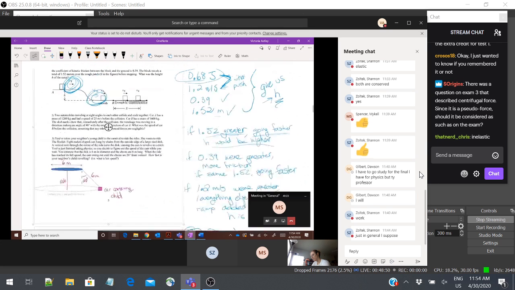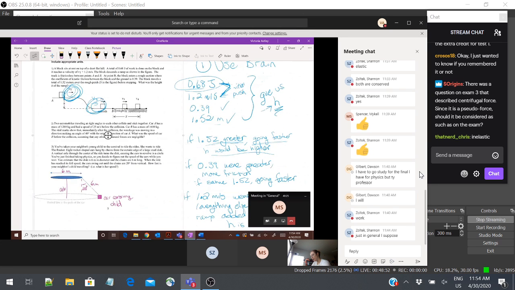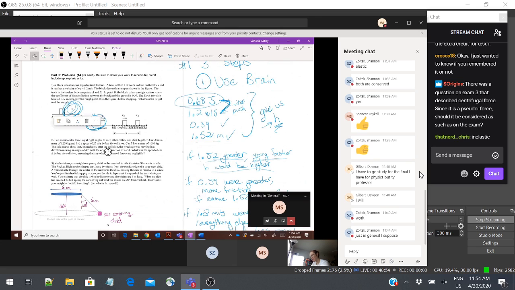This one with the block on a hill and it slides down, all this kind of stuff. This one you do need to use work and energy because it has this weird little ramp, right? It's not a perfectly straight ramp. Theta is changing.